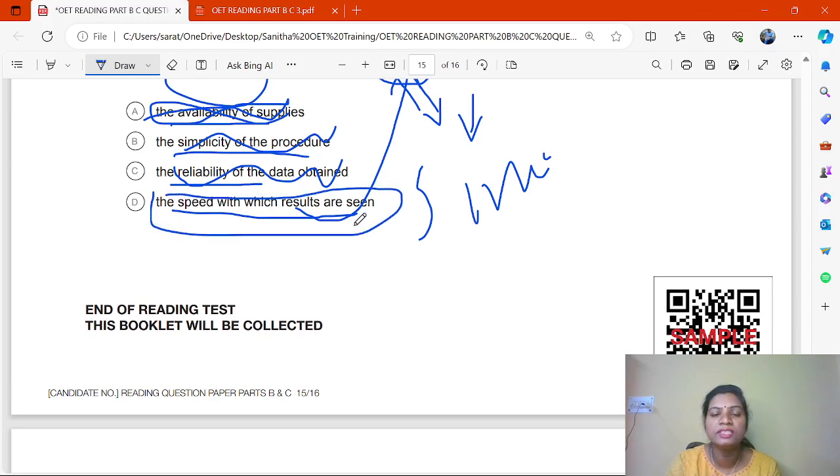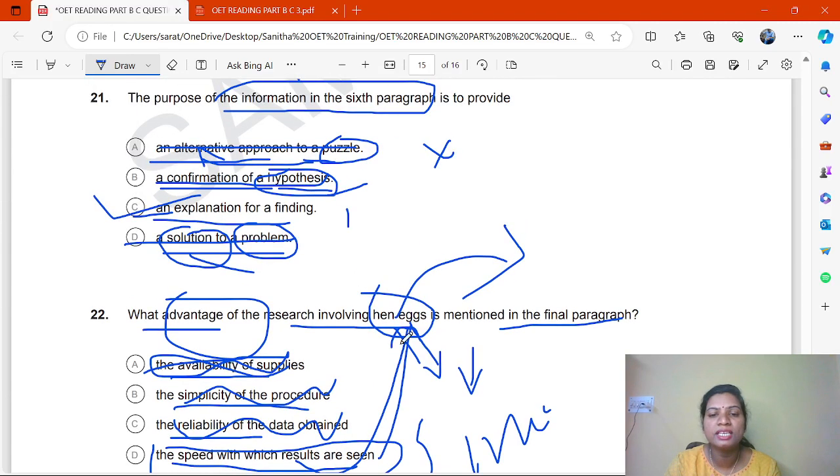They used hen eggs and got the result very immediately, but it is not saying anything about the availability of the supplies. It is not concluding with that option. The simplicity, we are not concluding with that option. The reliability of the data obtained, it is not showing any reliability, but the speed of the result it is showing.